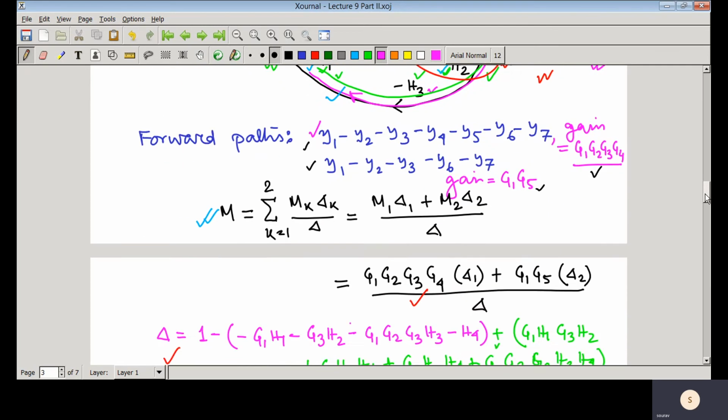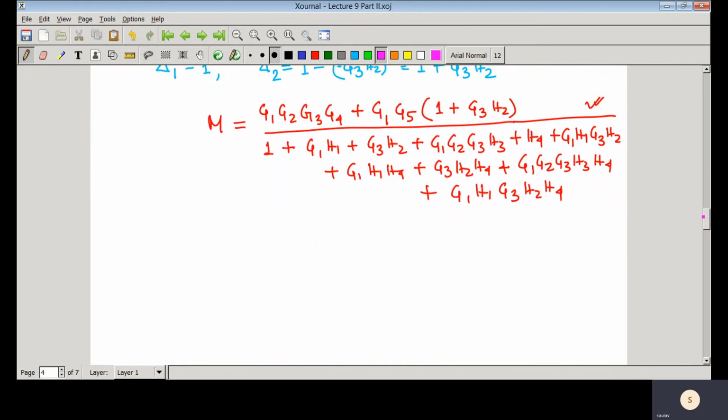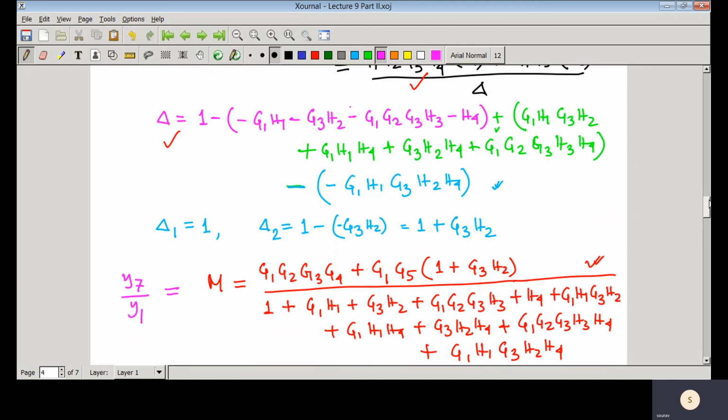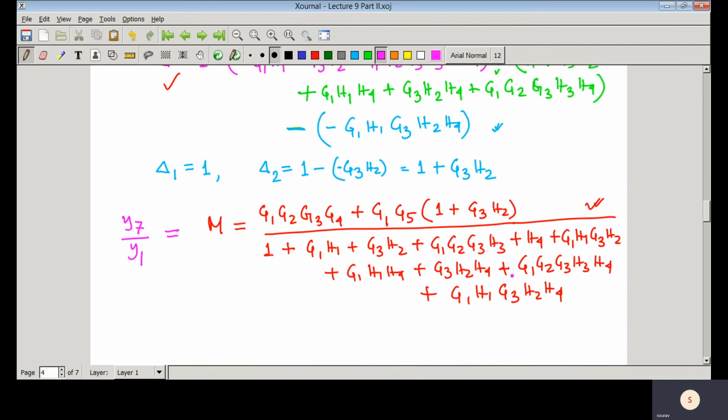There is a technique for finding the transfer function from any node inside the signal flow graph to the output node. Here you can see that this particular transfer function you get, that is y7 by y1. This is the signal flow graph, y1 is here and this is y7. So this you already get. Now your objective is to find y7 by y2.